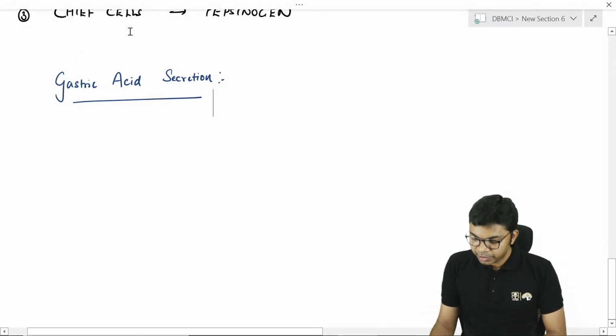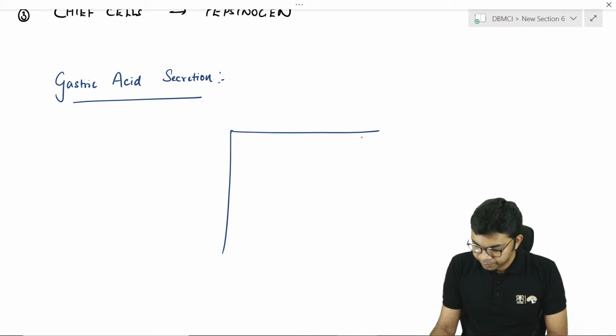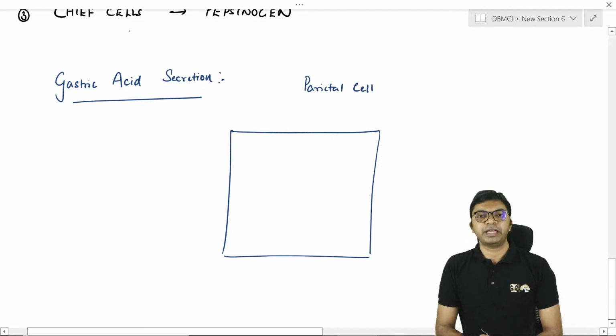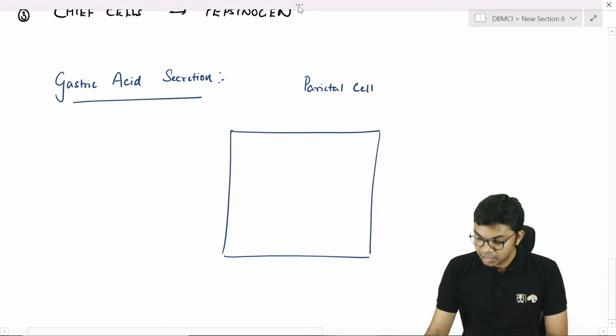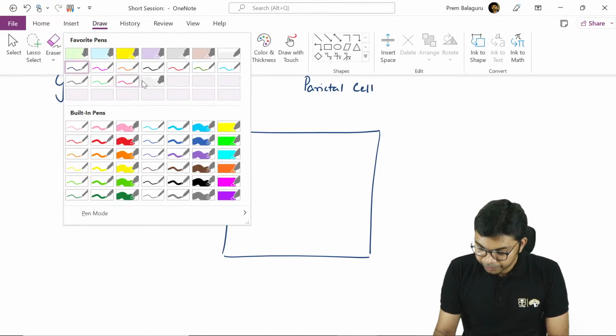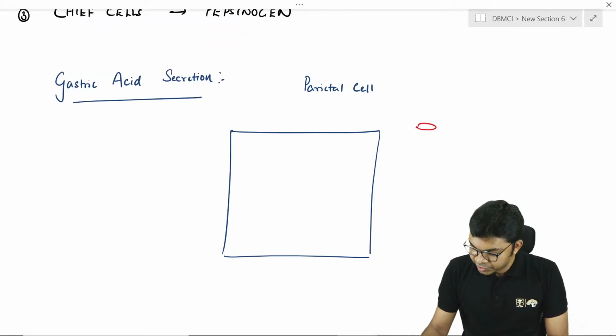Let us take up parietal cells here. This parietal cell is going to keep producing gastric acid, for which these cells are dependent on blood supply.